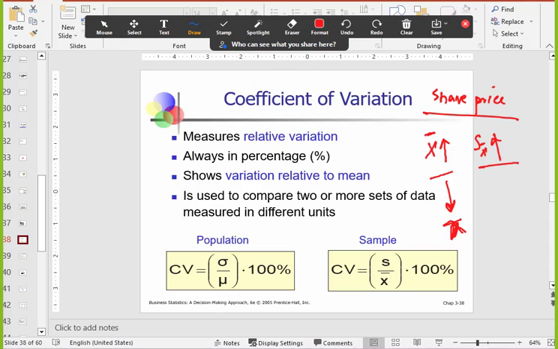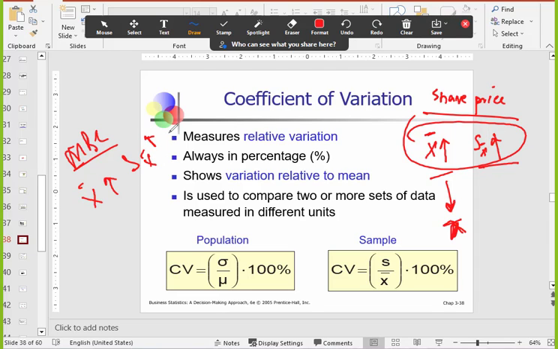So the problem is that you need to compare these two while you are making the decision. As a human decision maker, suppose you see a share price where both of these things are increasing. Let's say Meezan Bank Limited has shares in the market, and if you see the patterns of the last one year, you notice that X bar is increasing and S, the standard deviation, is also increasing. So as a human, one indicator is telling you one thing and the other is telling the opposite.